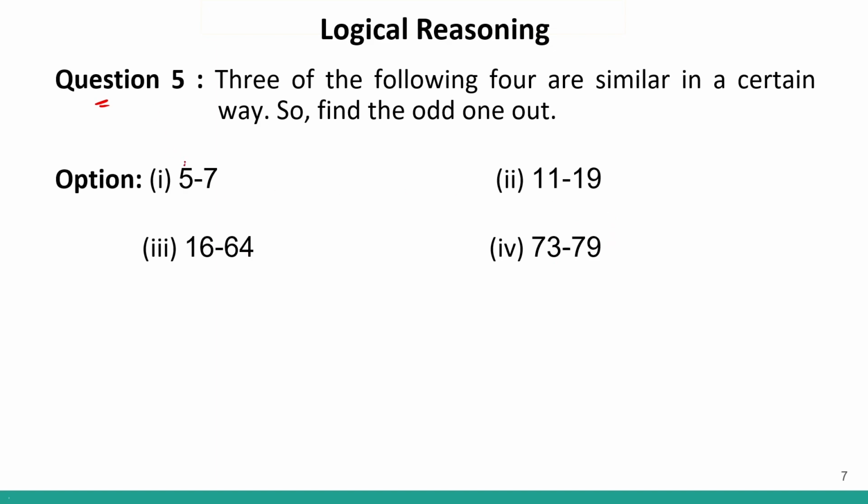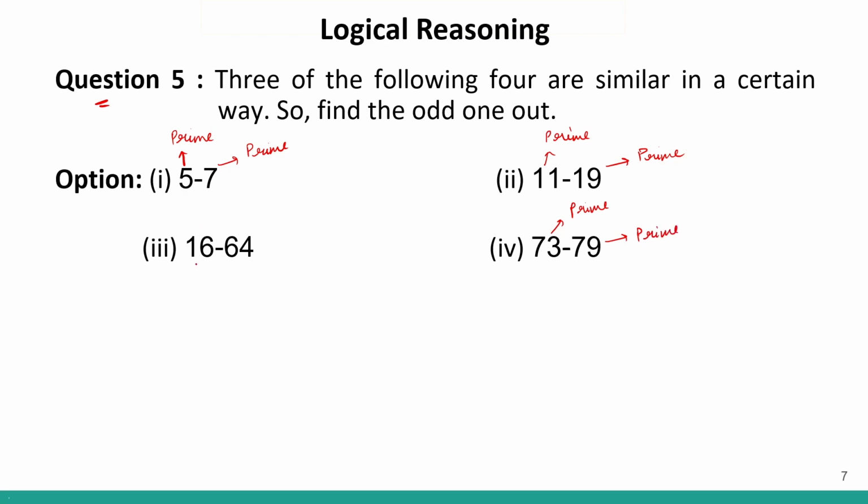In this question, I can see that 5 is a prime number. Similarly, 7 is also a prime number. 11 is a prime number as well as 19 is a prime number. Correct? Over here also 73 is a prime number and 79 is also a prime number.